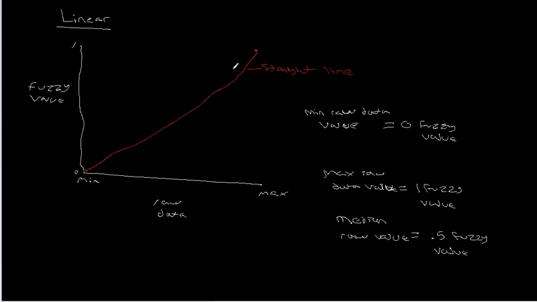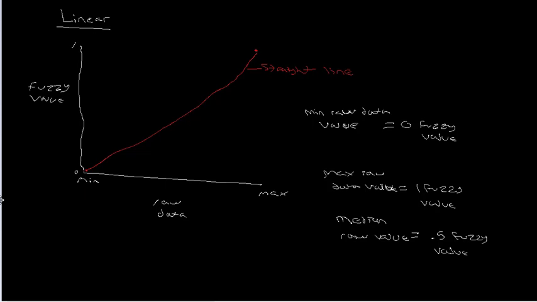So this is the most basic version of the fuzzy membership function, where we are literally using linear interpolation to set the minimum to 0, the maximum to 1, and then interpolate everything in between with a linear function.